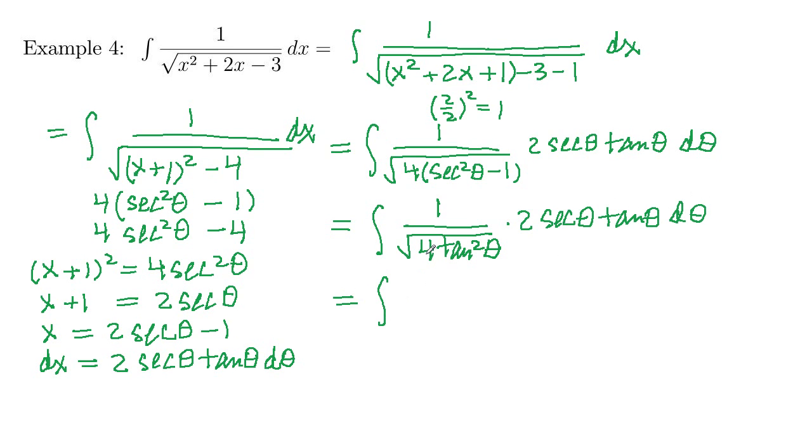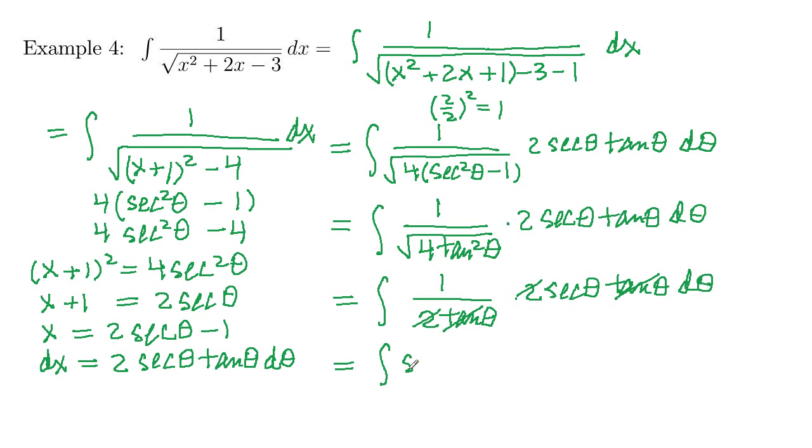And then the square root of 4 is 2, the square root of tangent squared is tangent. So this is 1 over 2 tan theta times 2 secant theta tan theta d theta. And then the tangent thetas cancel, the 2's cancel. This is just the integral of secant theta.